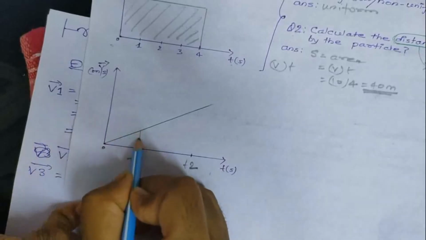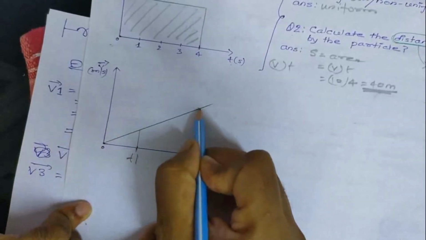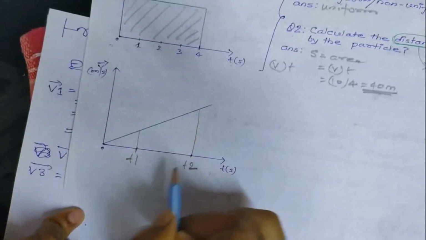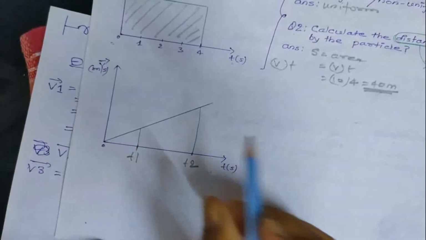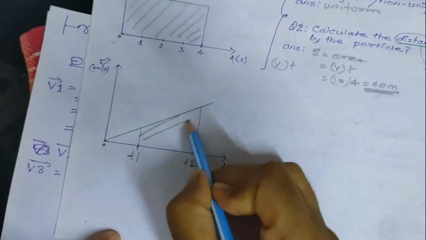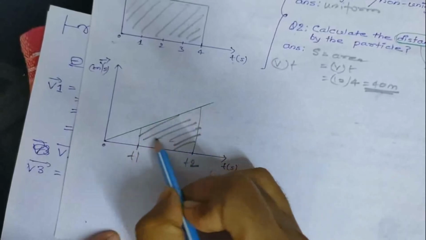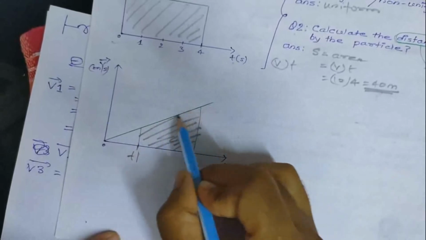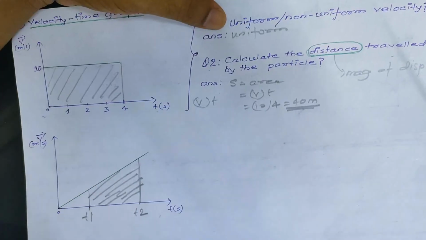The way is very simple. You need to draw perpendiculars on the x-axis corresponding to t1 and t2. Go ahead and find out the area of this.